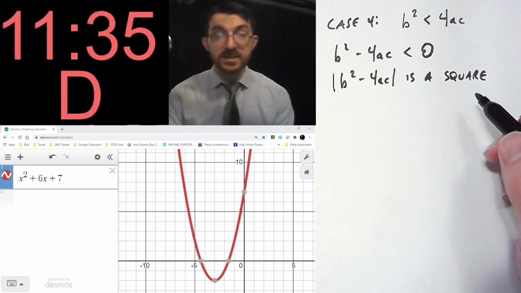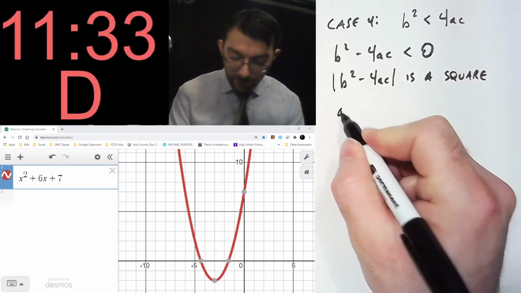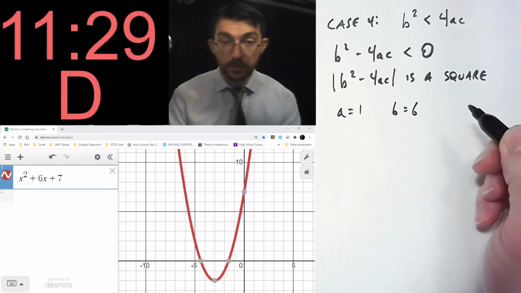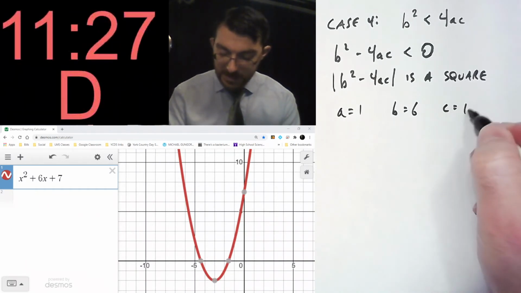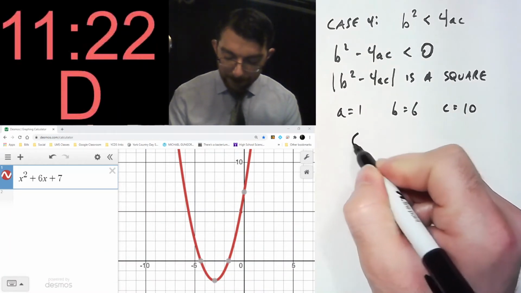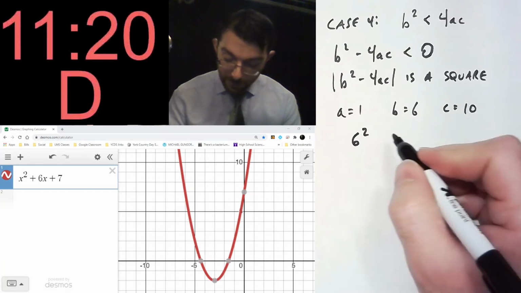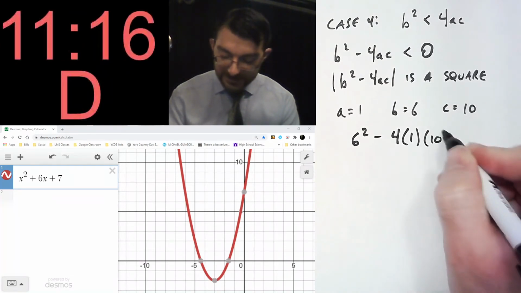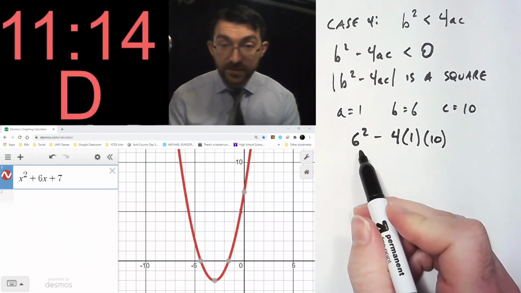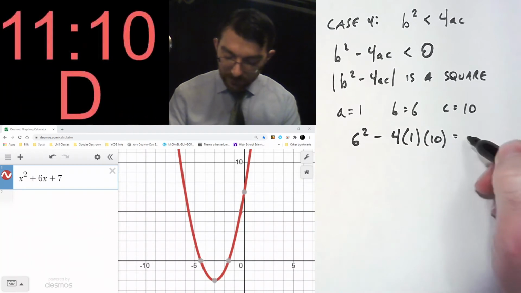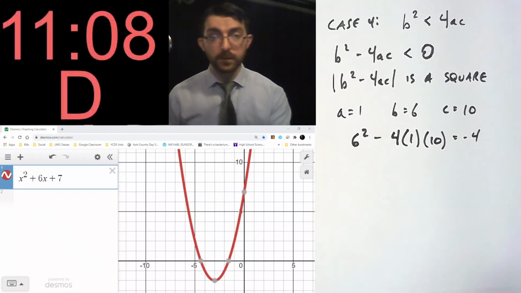So let's go ahead and do an example. If a equals 1, b equals 6, and c equals 10, then b squared minus 4ac is going to be 36 minus 40. 36 minus 40 is negative 4.